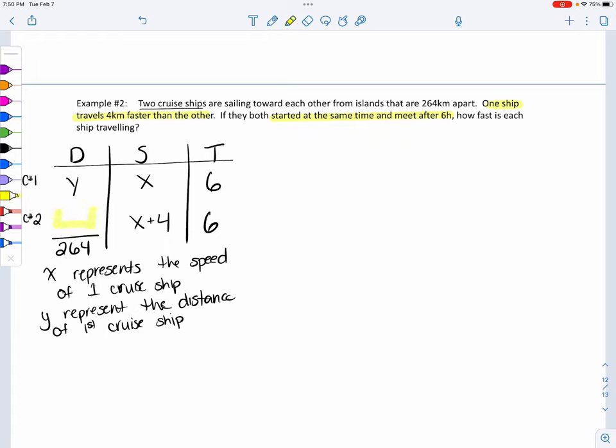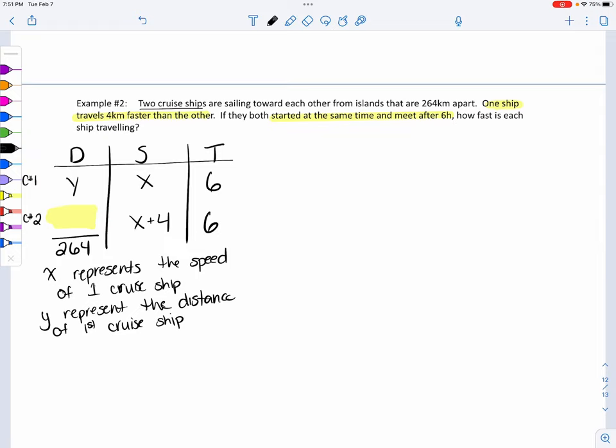Okay. Now what I'm going to fill in here might take a bit, so you might need to pause the video and think about this. If the first cruise ship went Y kilometers, and the total that the 2 went together is 264, how many kilometers did the second cruise ship go? Think about this. If cruise boat number 1 went 64 kilometers, how far did the second one go?